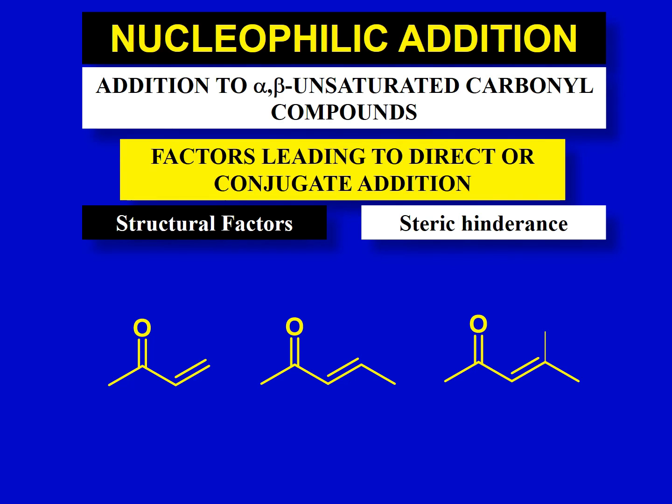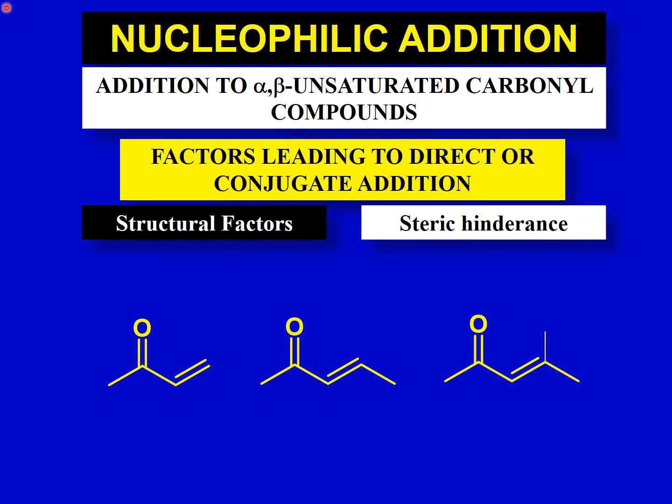So if we have these three alpha beta unsaturated ketones, you can see here that the beta position has two hydrogens. Here the beta position has a methyl and a hydrogen, and here the beta position has two methyl groups.